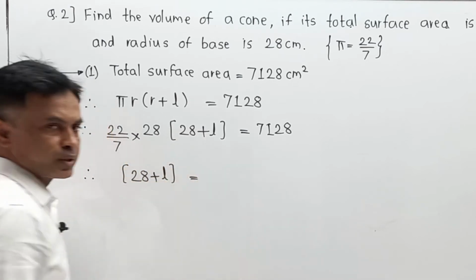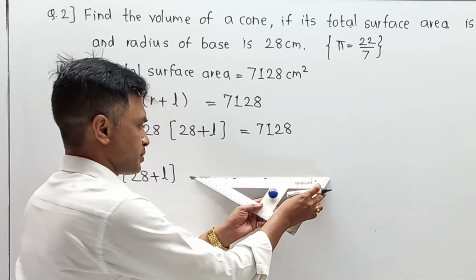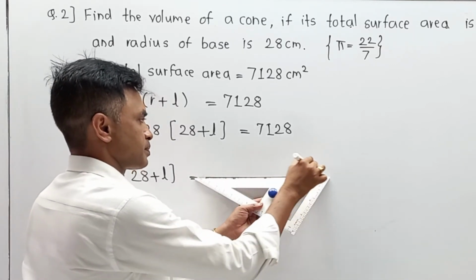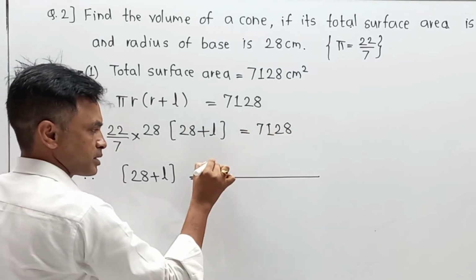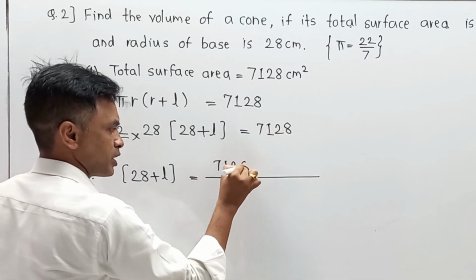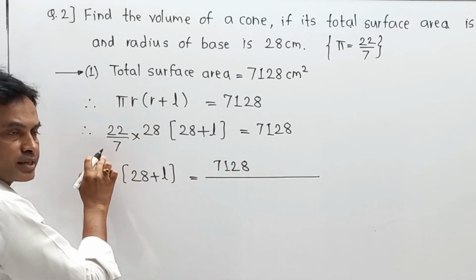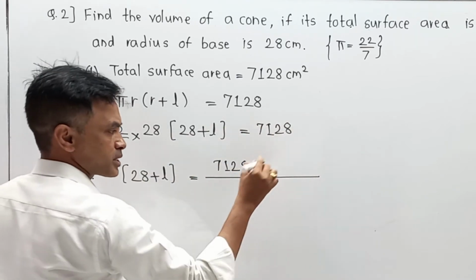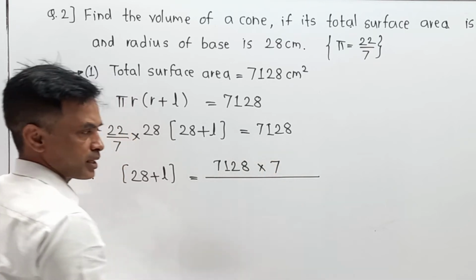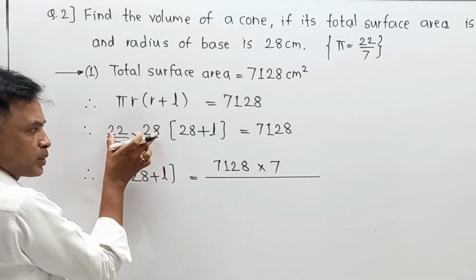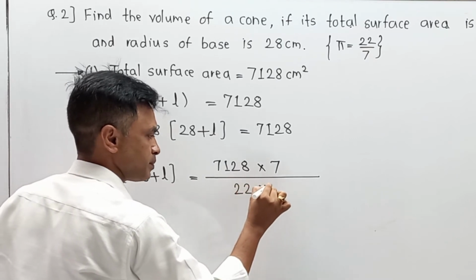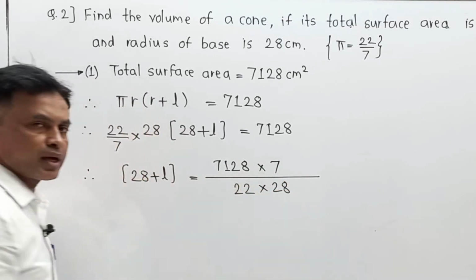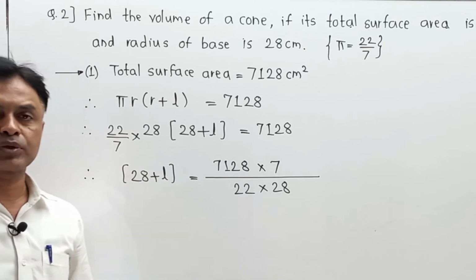Now the simplification part. Here, 7128 is as usual. This 7 is divided, so it goes to that side as a multiply, and this 22 into 28 multiplied comes over here as a divide. Most students are able to reach up to this part.